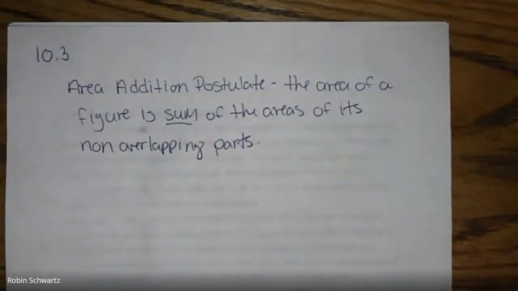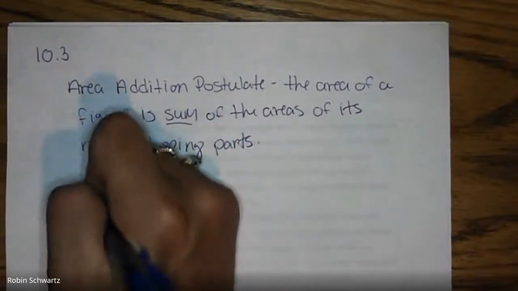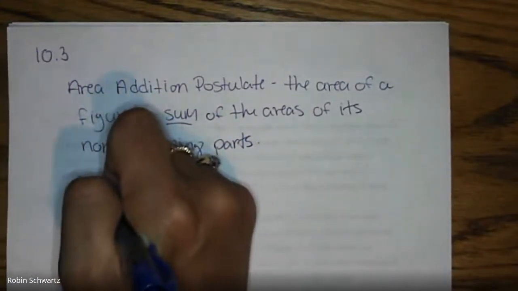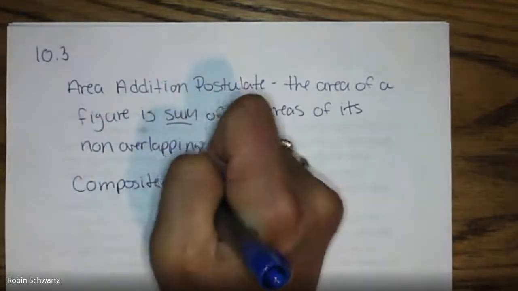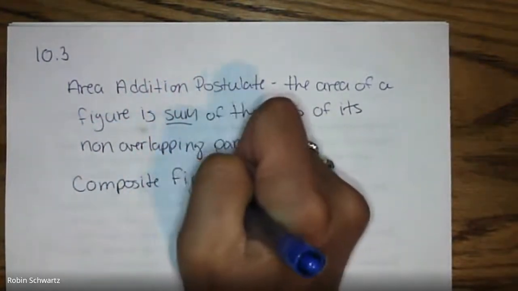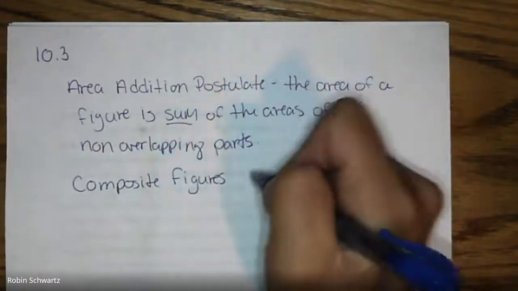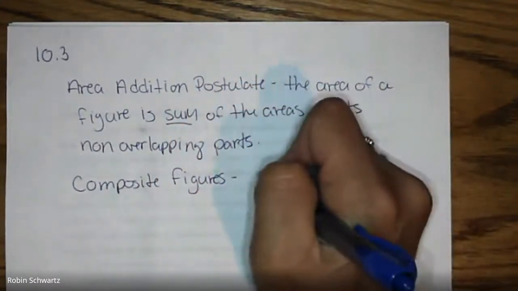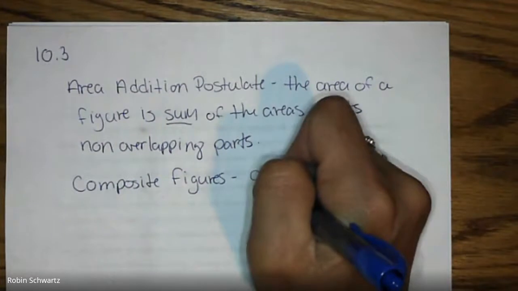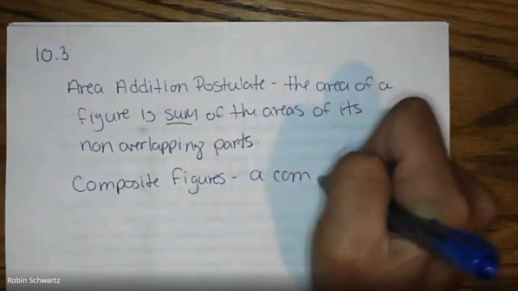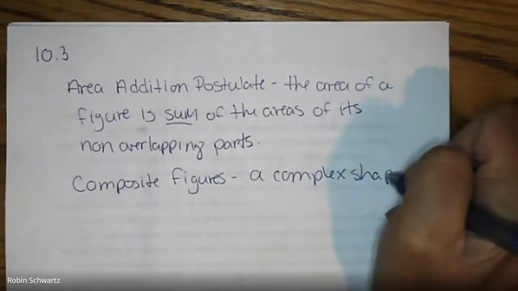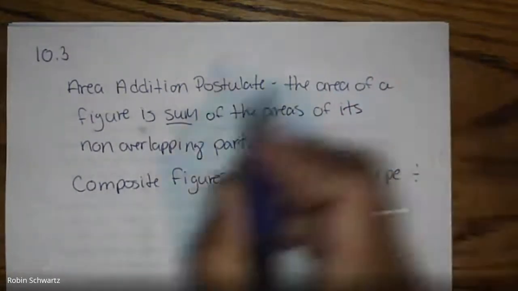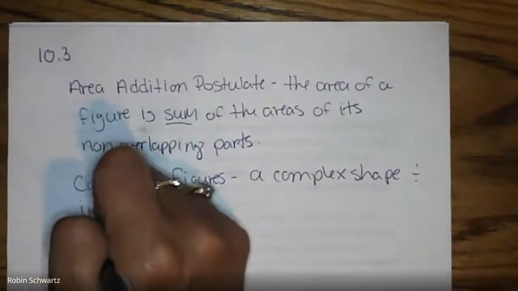Okay, and today, besides using that postulate, we're going to be finding the area of composite figures. Composite figures are a figure with a complex shape that can be divided into simple shapes.